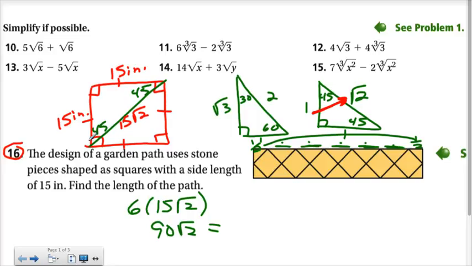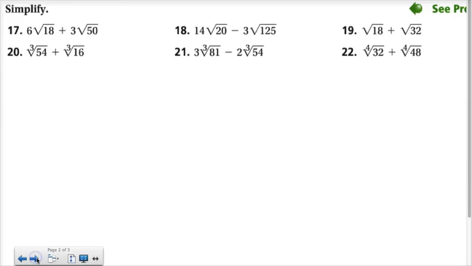So 90 times the square root of 2 comes out to about 127.3, and this was in inches. For this one we didn't need the whole perimeter, we just needed the length. The ones we did in class were more involved because we had to get the perimeter for those.